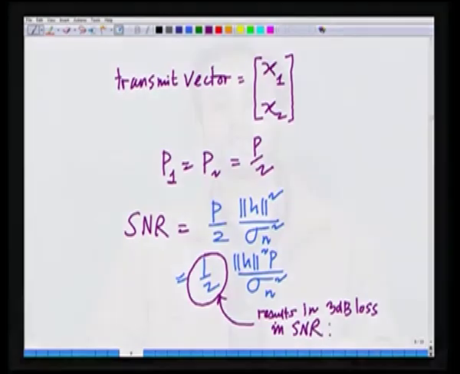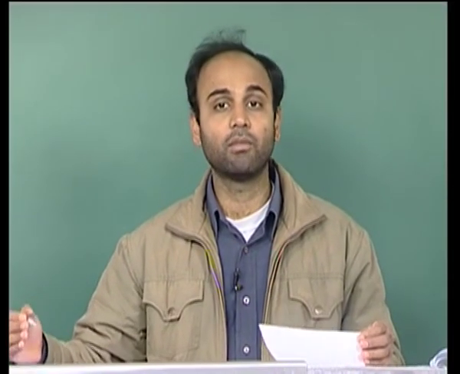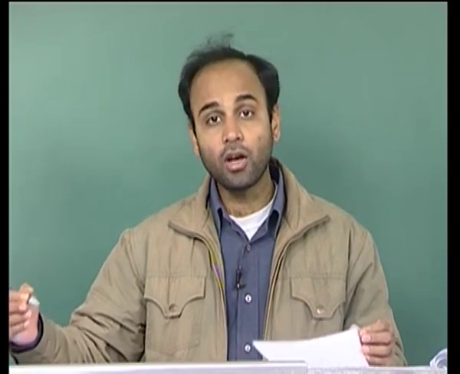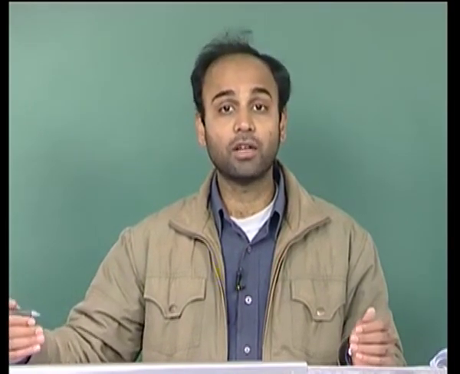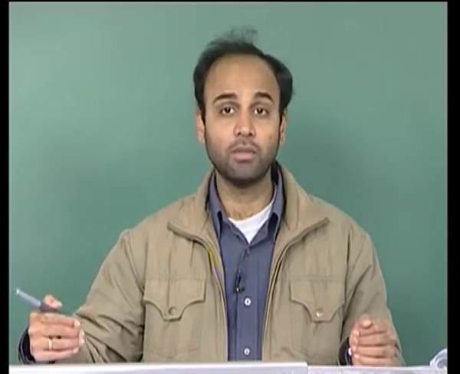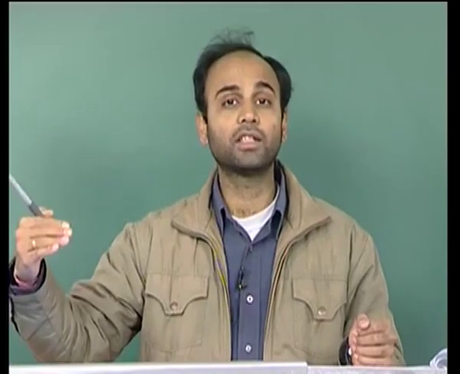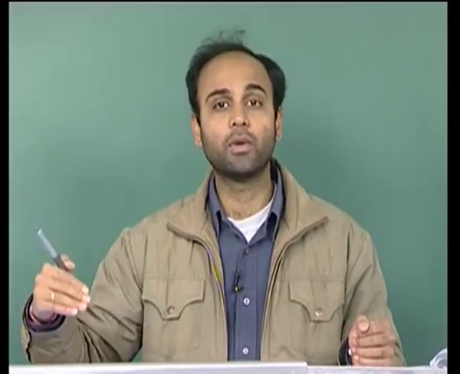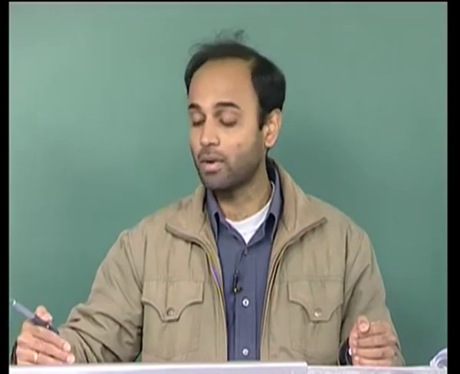This 3 dB loss in SNR is compared to either maximal ratio combining, that is having multiple antennas at the receiver, or in fact having channel knowledge at the transmitter. That is, if you knew the channel at the transmitter, you could beamform in the direction h1 divided by norm h, h2 divided by norm h, to get the same gain as MRC.